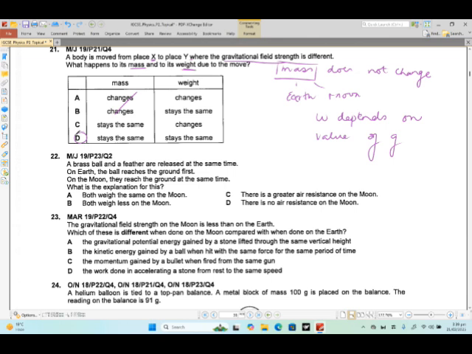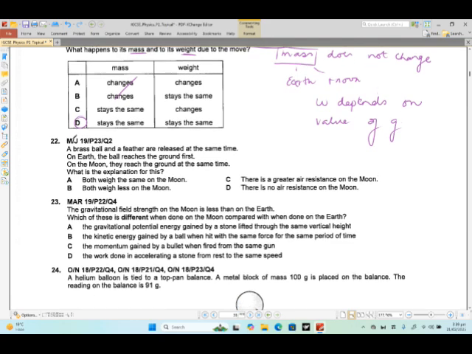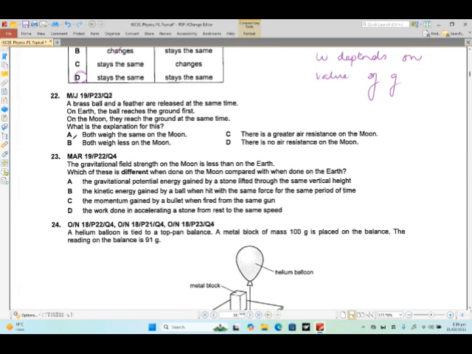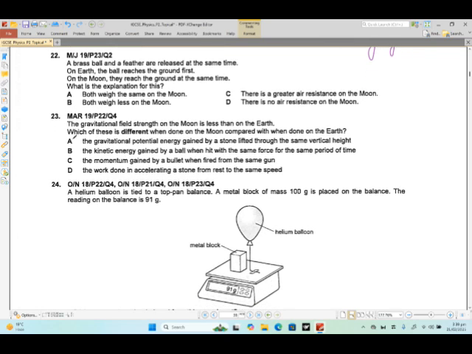Okay. Question number 22 states that a brass ball and a feather are released at the same time. On Earth, the ball reaches the ground first. On Moon, they reach the ground at the same time. What is the explanation for this?